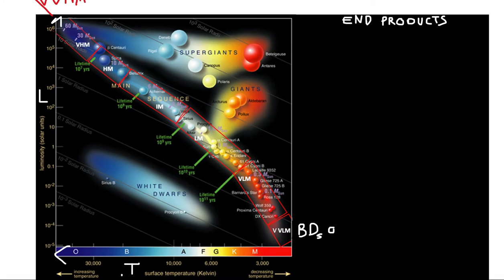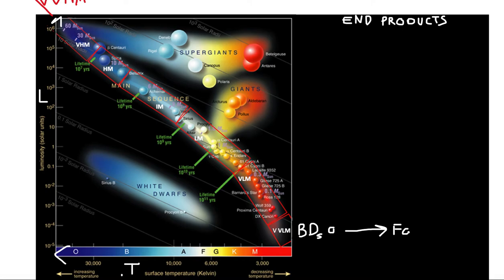Now, these brown dwarfs, especially the higher mass ones, start out fusing hydrogen into deuterium in their cores, but eventually they just fade away and die off, just no longer fusing.